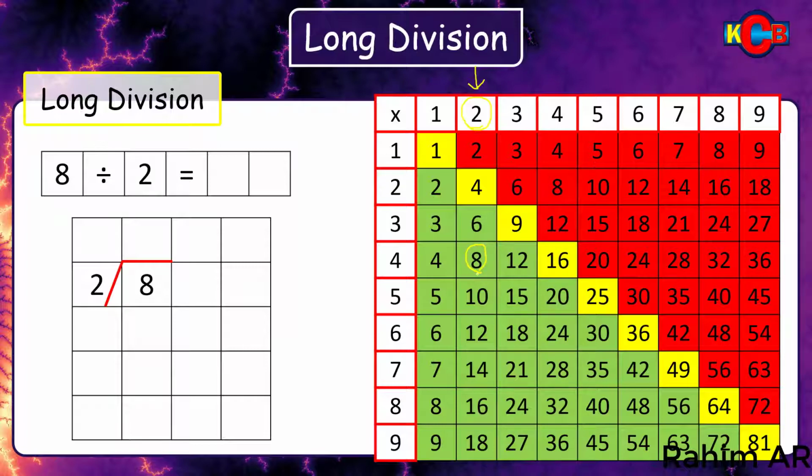Okay, then after we found 8, look horizontally to the left, like this. We found number 4 here. So, we write 4 at the top of the line here, at the area of the answer.